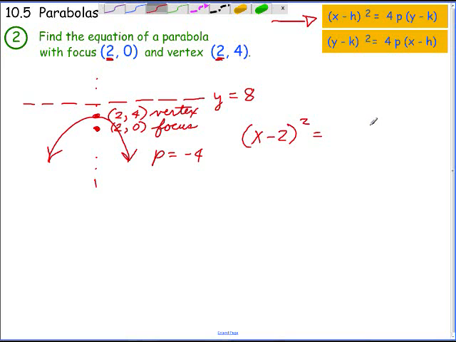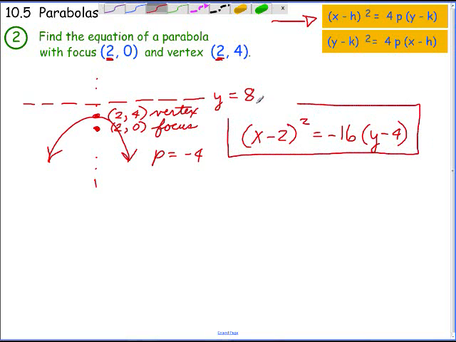And over here for my linear term, I've got y minus the y-coordinate of the vertex. And this multiplier is my p-value, -4, times 4. So that's going to be -16. There's the equation of that parabola.